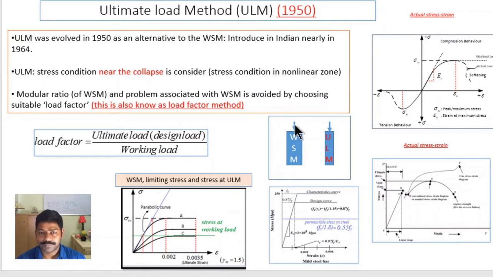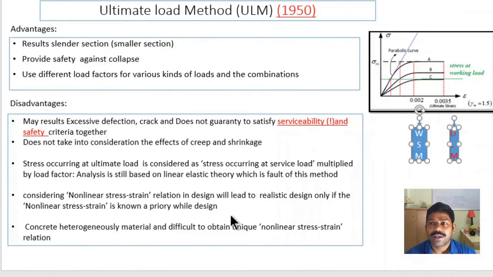This was the main idea about the ultimate load method. The main difference is that we have introduced one term, the load factor, for the ultimate load method, and we are allowing stress to reach near the nonlinear zone or near failure. We are providing safety against the collapse. The ultimate load method uses different load factors for various kinds of load and their combinations.